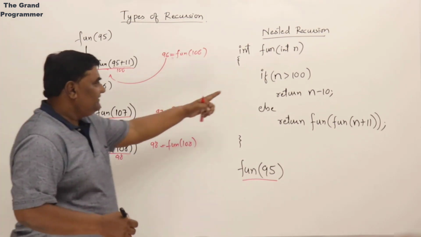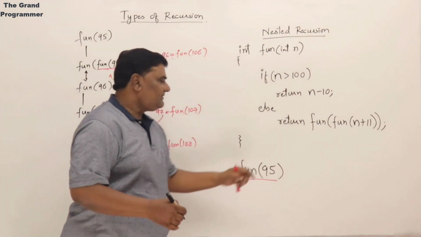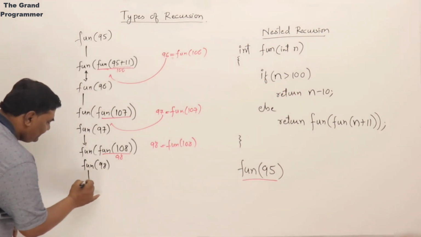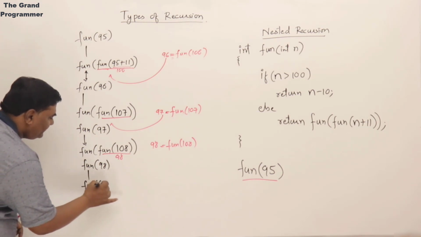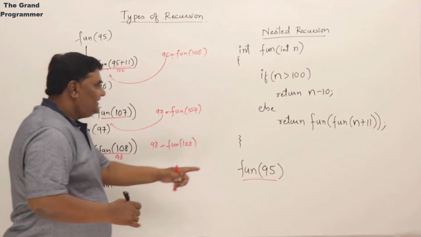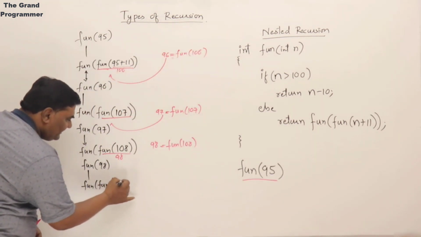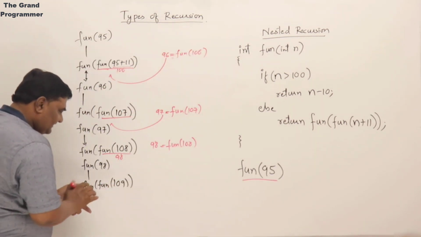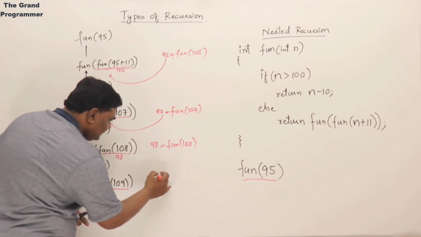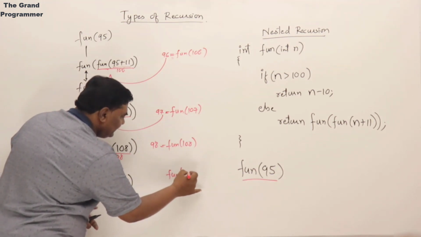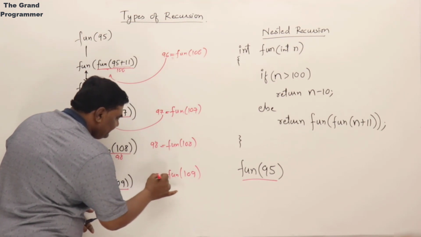Now fun of 98, 98 is not greater than 100, so it enters into the else part. Then it becomes fun of 98 plus 11. So this becomes 109. And fun of 109 becomes 99.